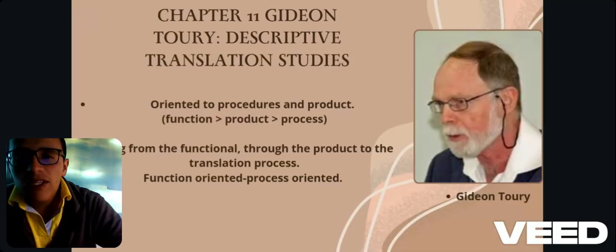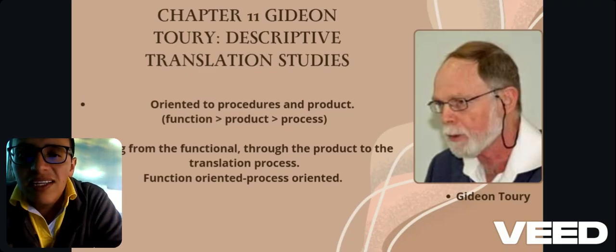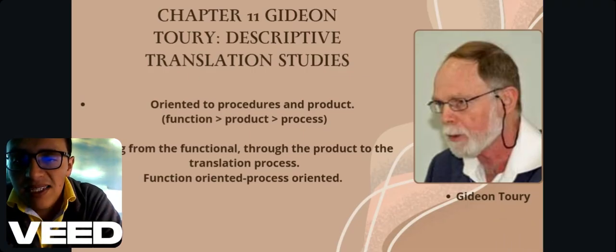Now I am going to explain chapter 11. The main linguist is Gideon Toury. He explains descriptive translation. He emphasizes only descriptive translation studies. For him it is very important to emphasize procedures and product.